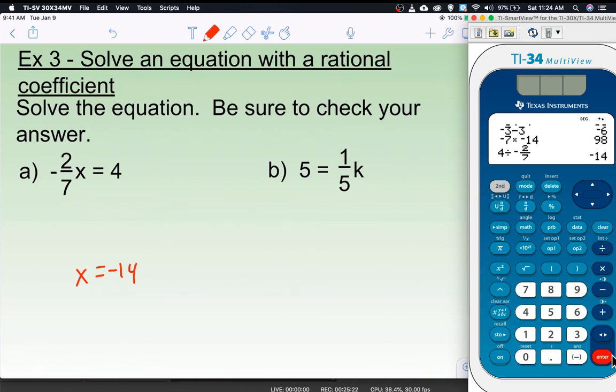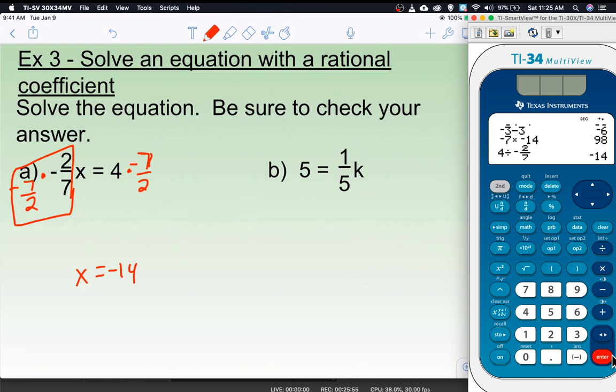The word was reciprocal. To get rid of this fraction, the negative 2/7, we are going to multiply it by its reciprocal, by negative 7/2 on both sides. Now, if you imagine multiplying these two fractions together, they're actually going to end up canceling each other out.